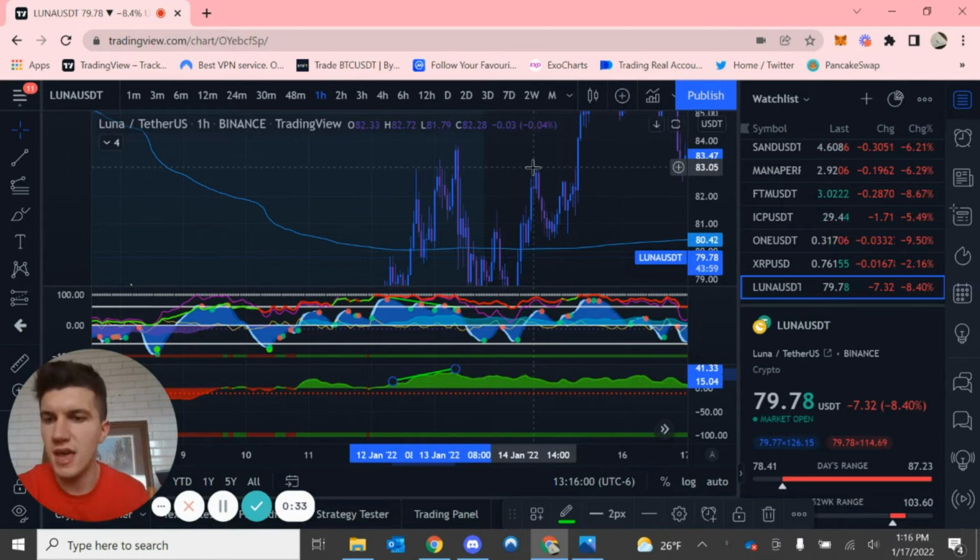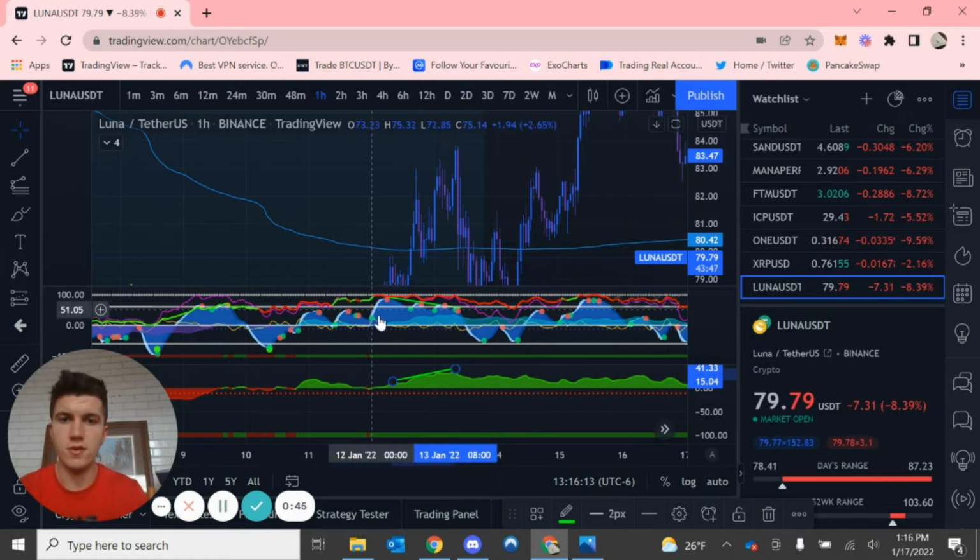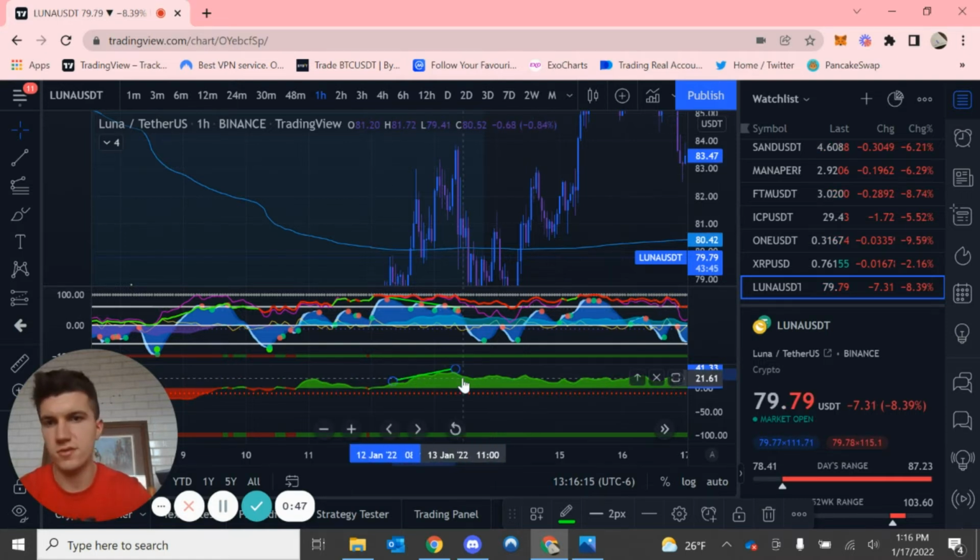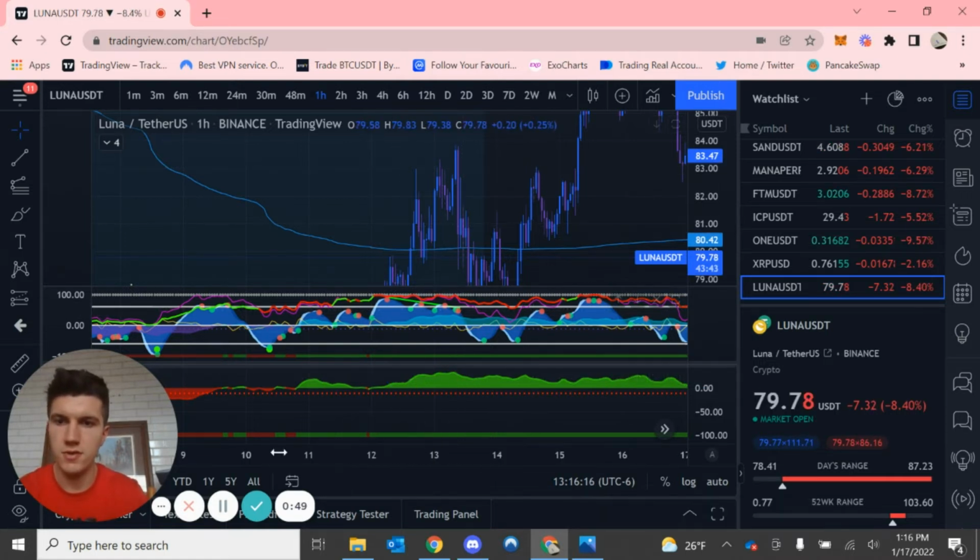Therefore, it wasn't as good of a trade, and it can result in it being a low quality swing trade where you don't really get much out of the trade for itself. It's more of a scalp in a way, if anything.